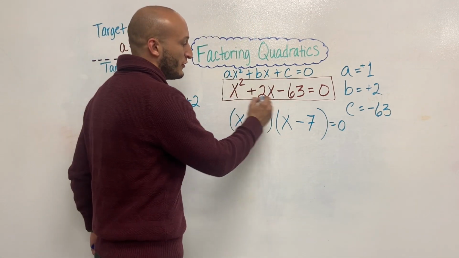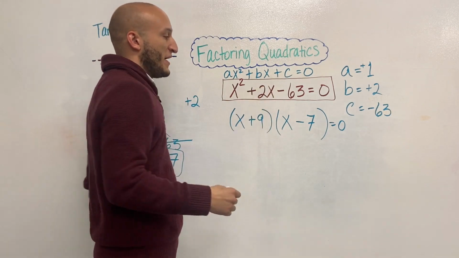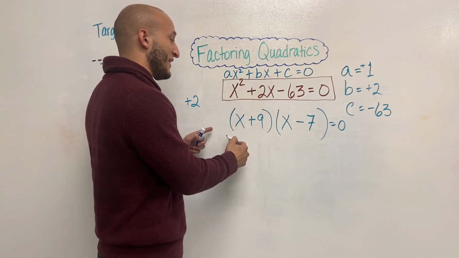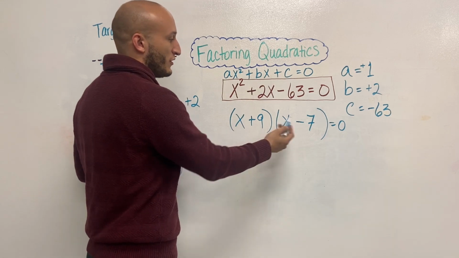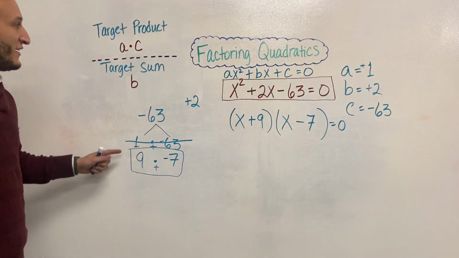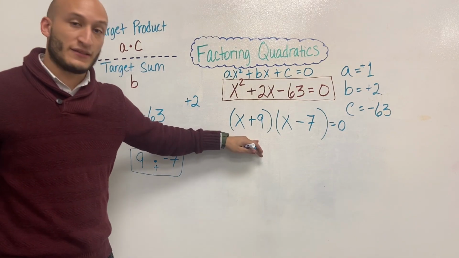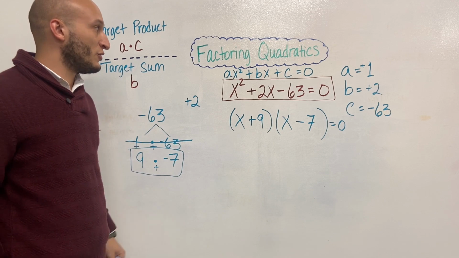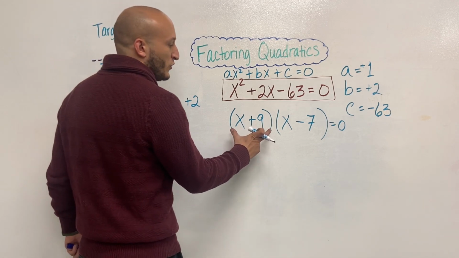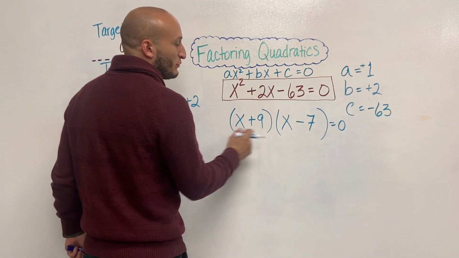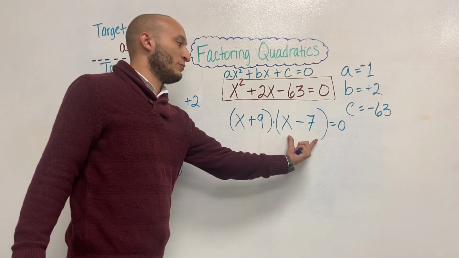If I FOIL this out, I should get the original equation, and you can check yourself. If it doesn't return to the original equation, then something went wrong. So the key here is figuring out your target product and target sum, and this would be completely factored. When we're factoring quadratics, you end up with two binomials, which are two terms, multiplying each other.